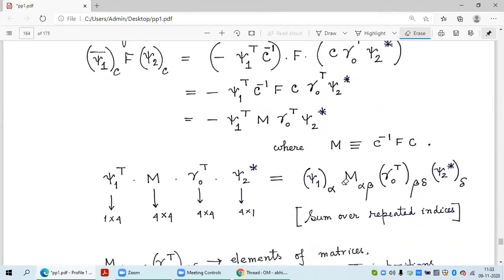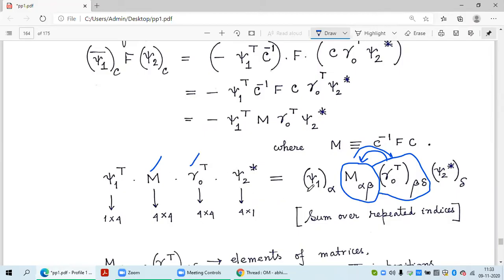So this is a sum of 64 terms in compact form. In every term, this one is an element of a matrix, not a matrix itself. Therefore, I can interchange their positions because they are pure numbers. I don't know whether M and gamma 0 will commute or anti-commute, they will not commute.